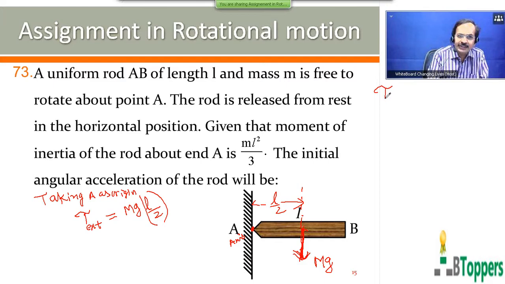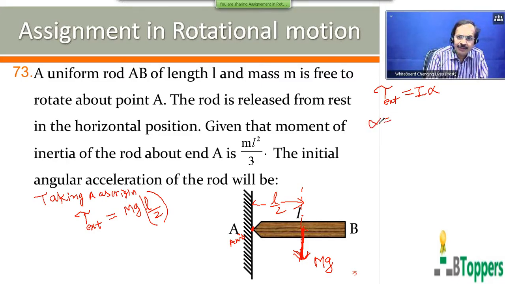So the resultant of all the external torques acting on the rod can be I into alpha. I is the moment of inertia of the rod, and alpha is the angular acceleration of the rod about the axis passing through the end A and perpendicular to the rod.